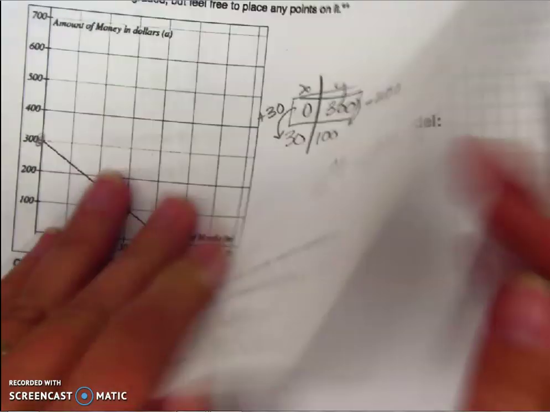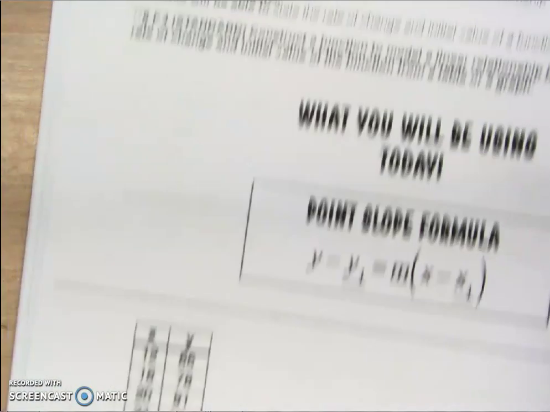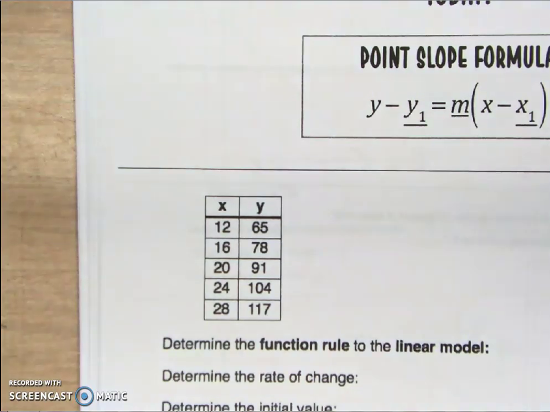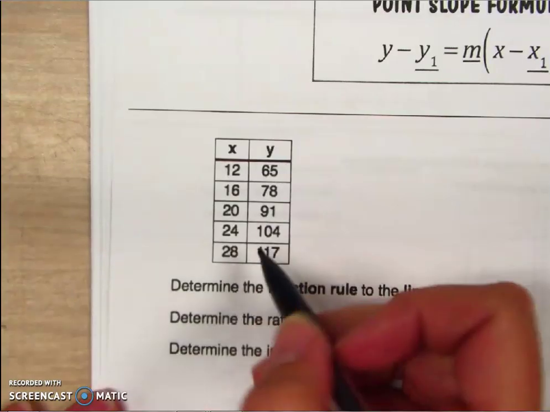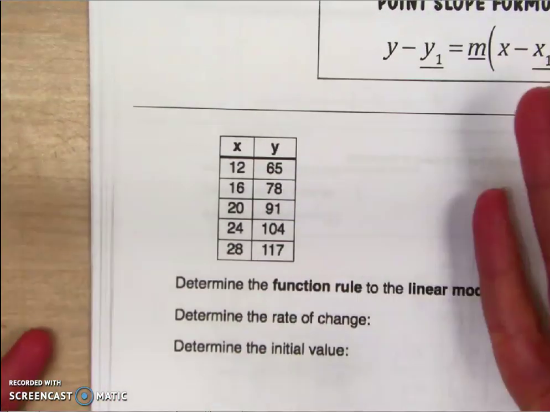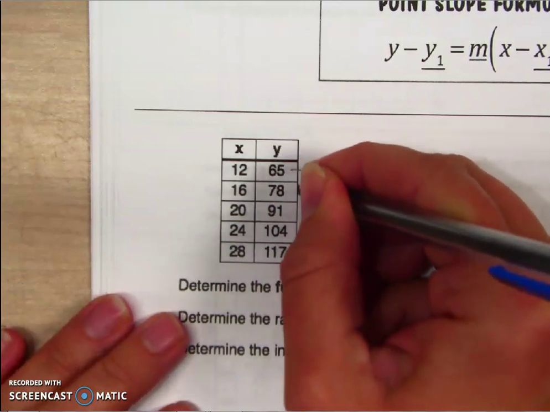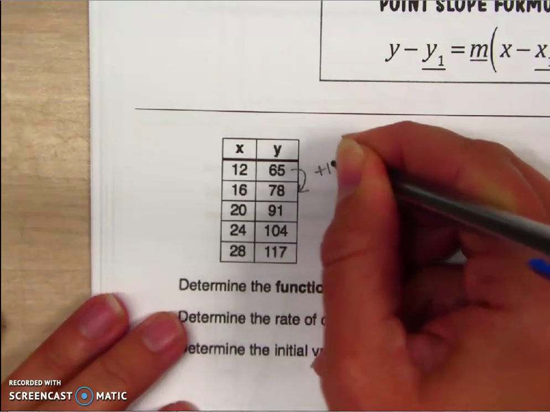Let's look at lesson 9, because lesson 9 goes ahead and gives it to us in tables. And this one is where I really wanted you to see this. So this one does not give us the initial value. So what do we do? Let's try this. We know these, and so we can figure out how it's changing. From 65 to 78, it added 13.